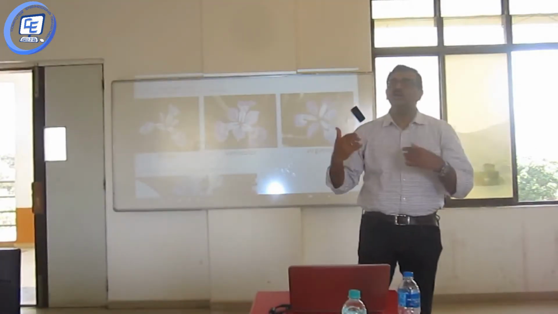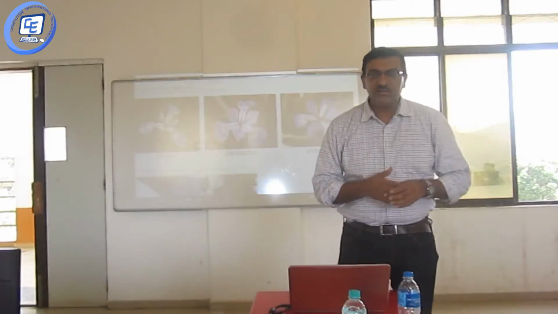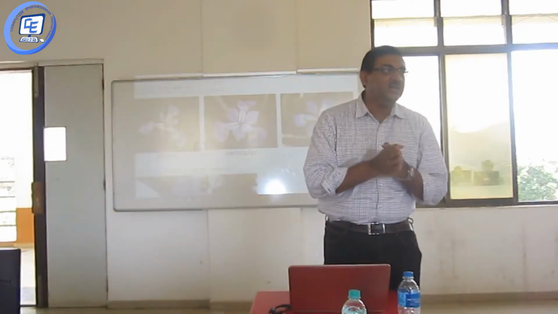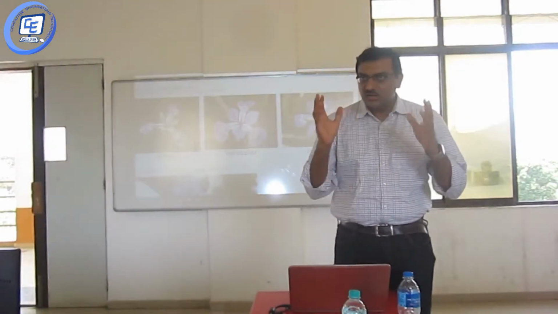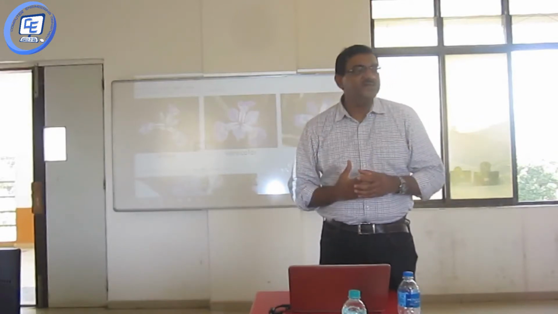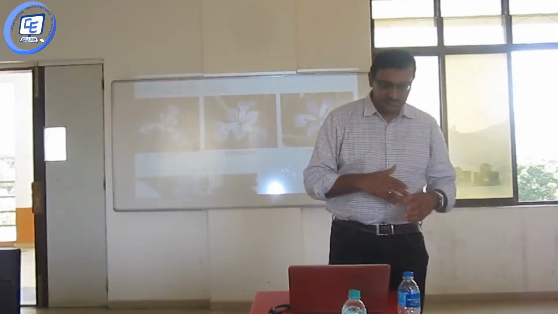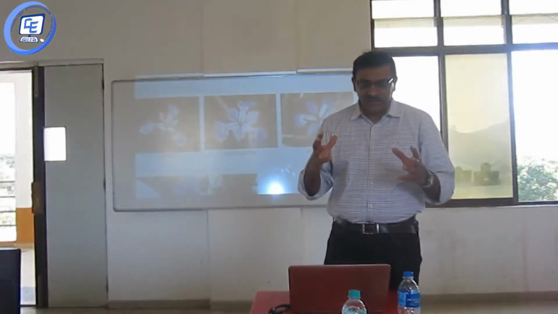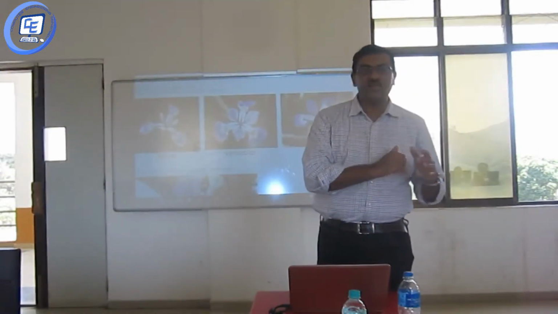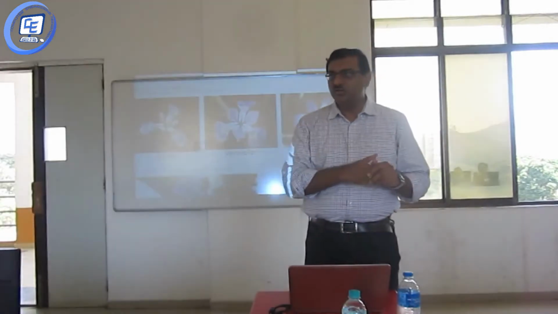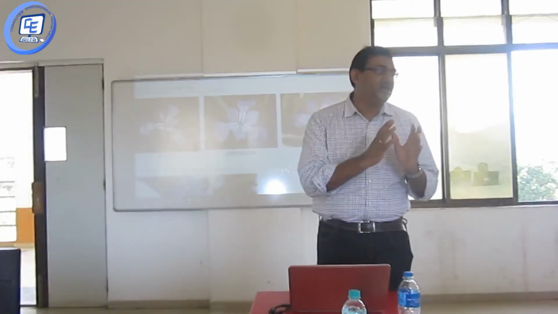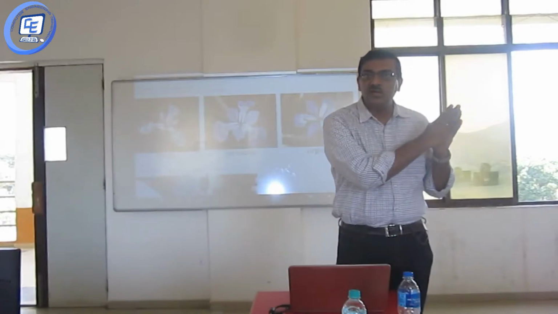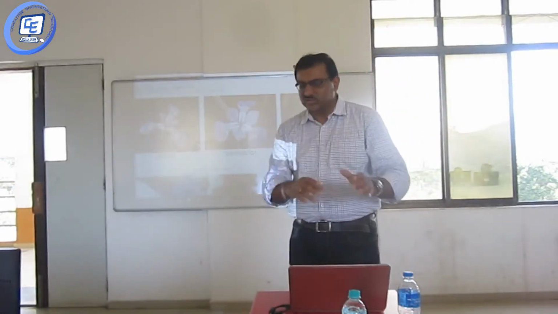Please make sure that you understand this data set properly. There are 3 types of flowers. One scientist, Fisher, collected data samples of these 3 types of flowers. He created a data set with 50 samples of each class: 50 of Setosa, 50 of versicolor, 50 of virginica.